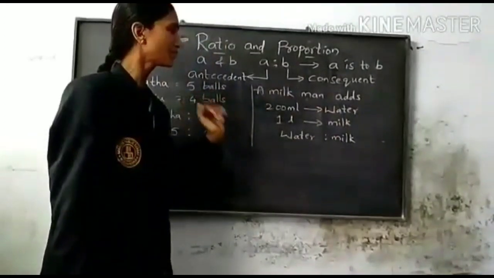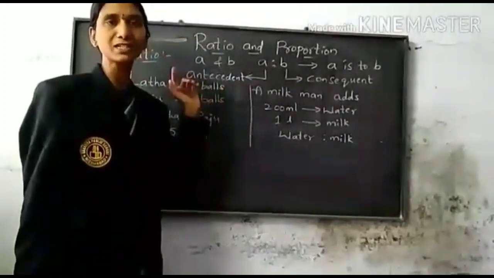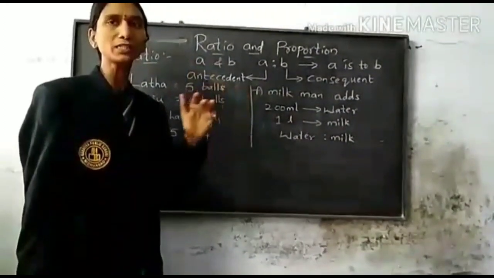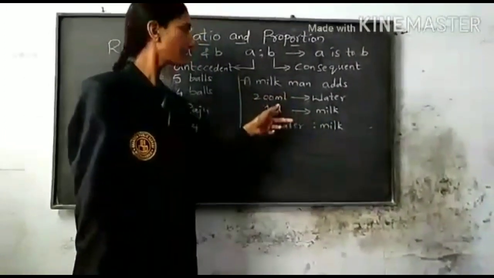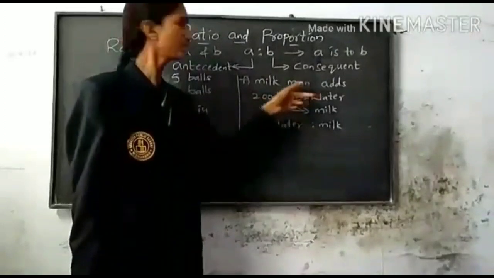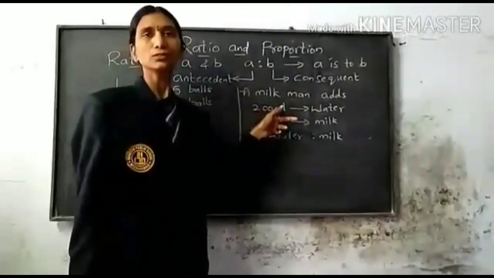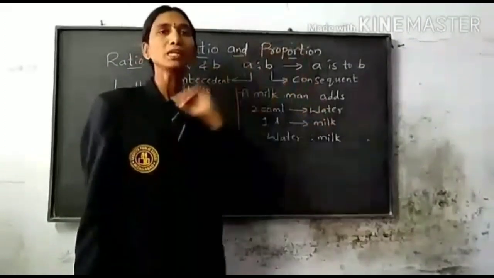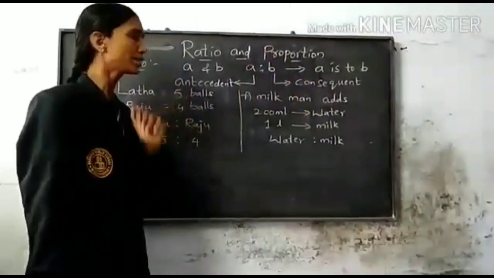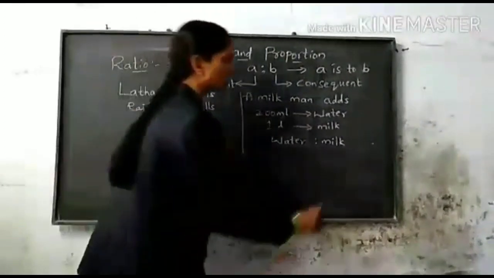But we cannot find it directly, because the definition of ratio is a comparison of two quantities of the same units. Here, milk is in liters and water is in milliliters. So we have to convert liters into milliliters. We know that 1 liter is equal to 1000 milliliters.